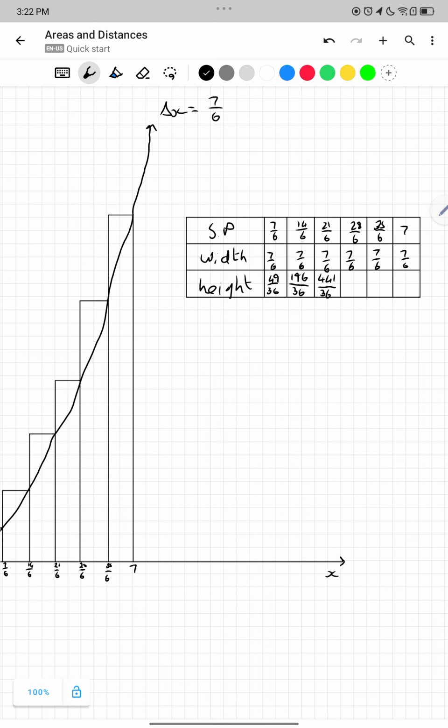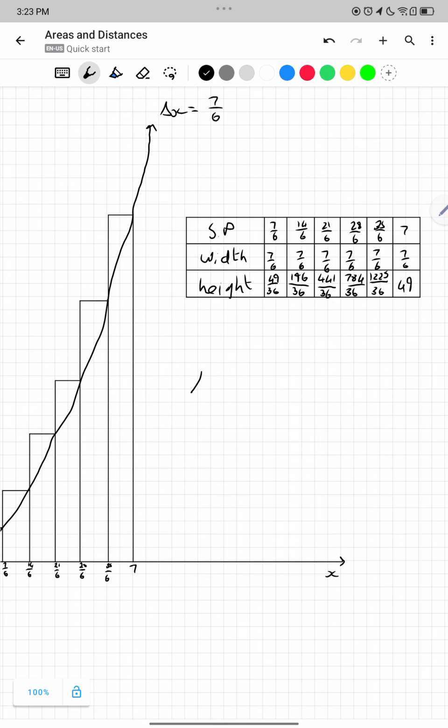If we square 28, we get 784 over 36. And if we square 35, we get 1225 over 36. If we square 7, we get 49. How weird.